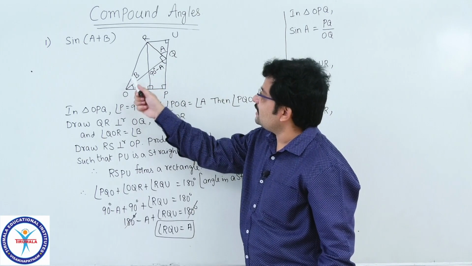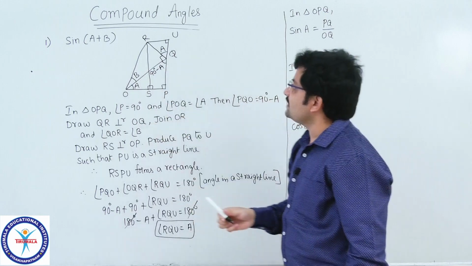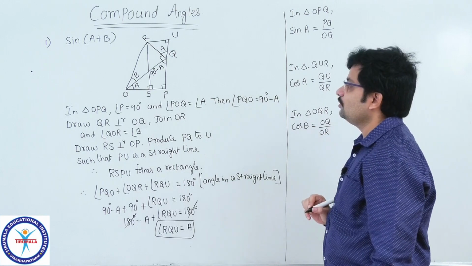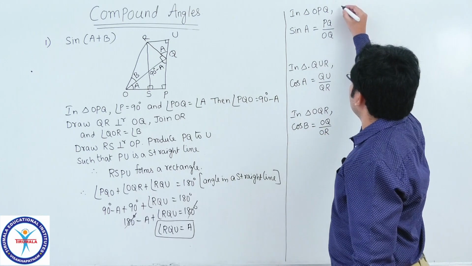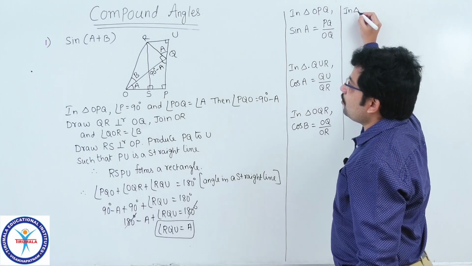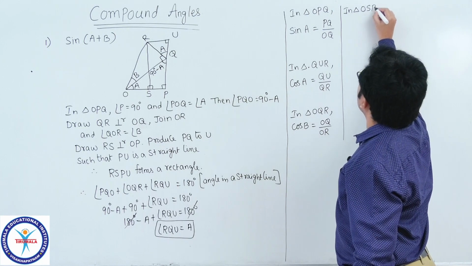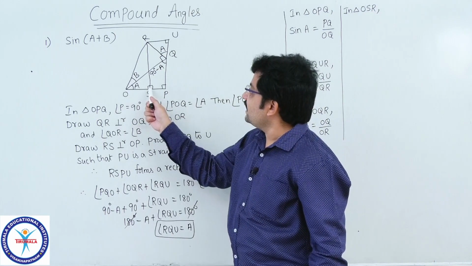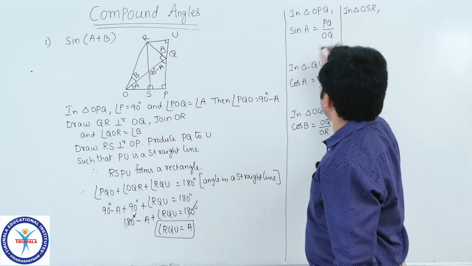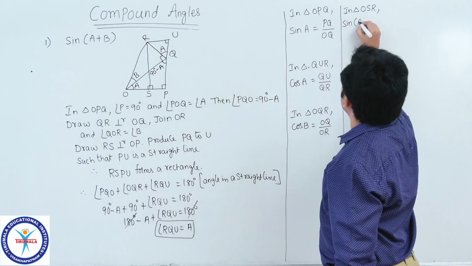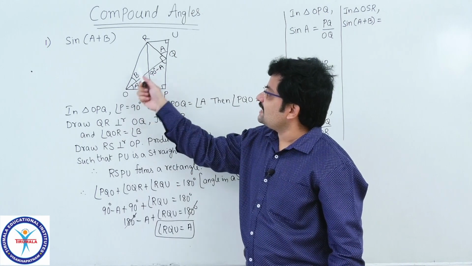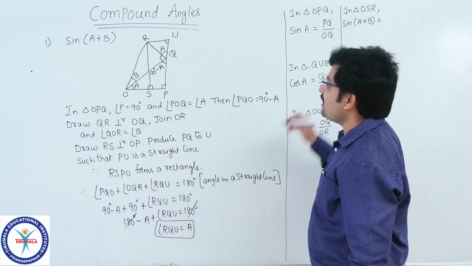Cos B is nothing but adjacent side by hypotenuse, that is OQ by OR. Now here in triangle OSR, the total angle is A plus B. Therefore, sin A plus B is equal to, what is sin theta? Opposite side by hypotenuse, that is SR by OR.